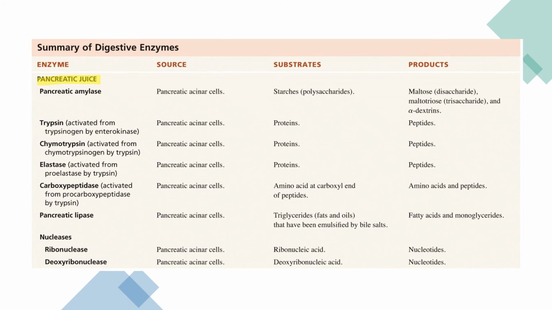So the pancreas is really cool because it secretes a lot of inactive enzymes. And these enzymes are going to be later activated by other enzymes in different locations. This is really, really important because this is so that those enzymes don't start to digest the organs that secrete them.